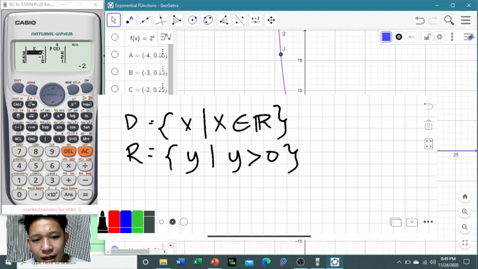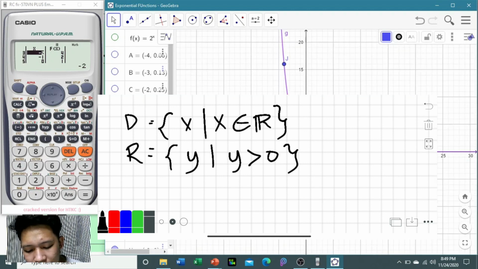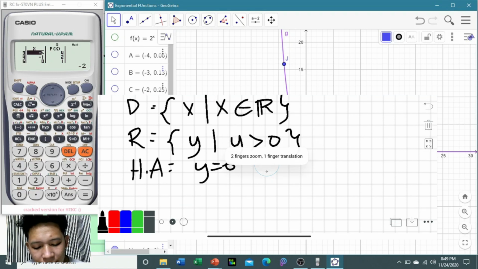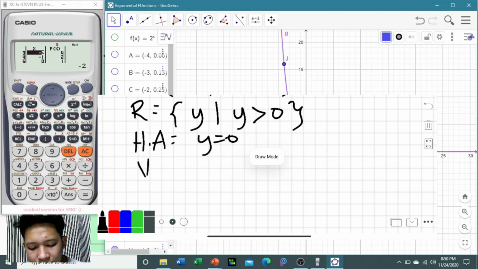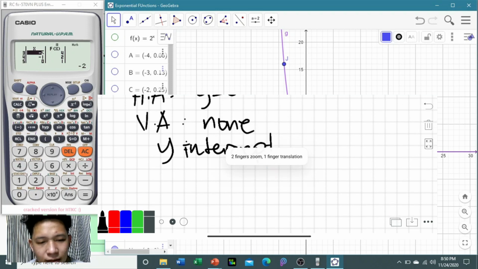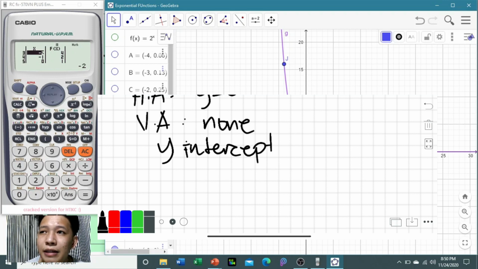And then, our horizontal asymptote is still what? Horizontal asymptote is still our x-axis, or at y equals 0. And then, there would be no vertical asymptote, and our y-intercept, so para makuha natin yung y-intercept natin, we're just going to determine or evaluate the function at 0.